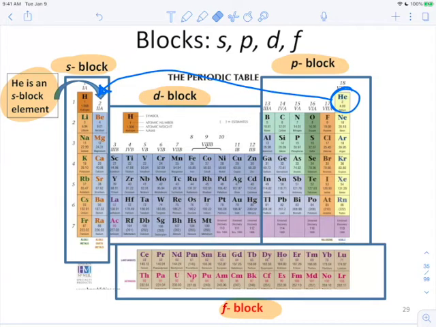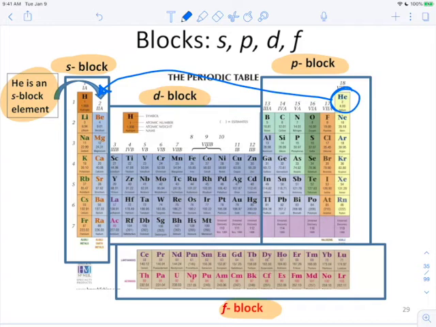So go ahead and take a minute, take out those periodic tables and mark those blocks, S, P, D, and F. All right, how are we doing?